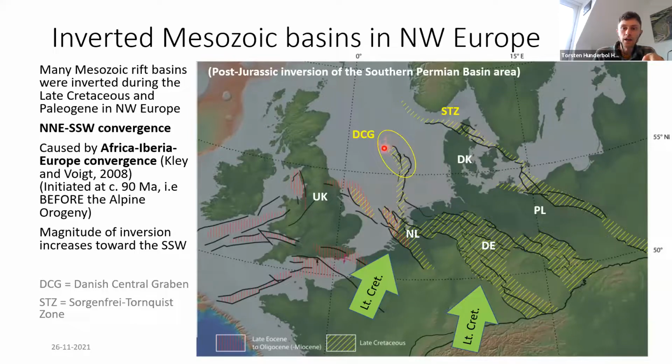The great thing about our study area in the Danish Central Graben is that this area saw mild to maybe moderate inversion in some places, meaning that the magnitude of shortening was small compared to the initial magnitude of extension. That means that we have the extensional geometries nicely preserved.